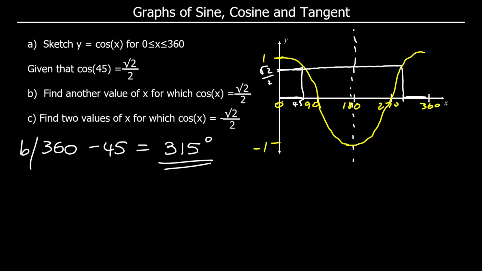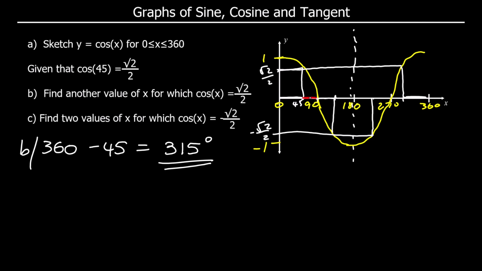So 45 degrees away from 90 here. So this 45 on this side, 45 on the other side will take us down, and 45 from 270 will take us down to negative root 2 over 2.